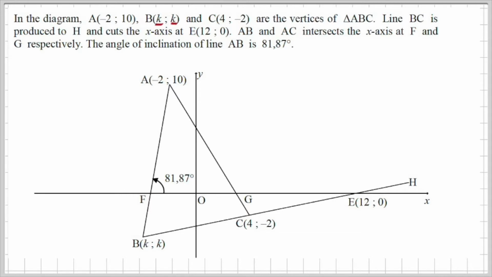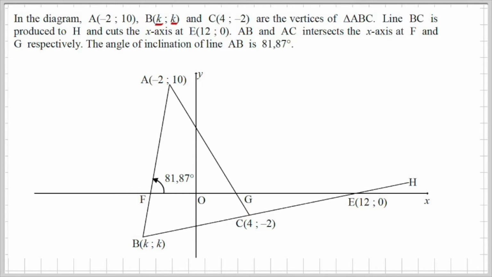Okay? The first thing that I notice at B is that it is (K; K), which means the x value and the y value is exactly the same. That is a very important little thing for later on.